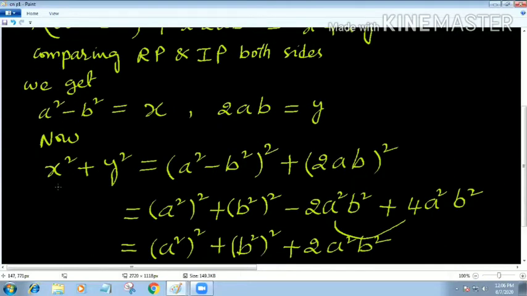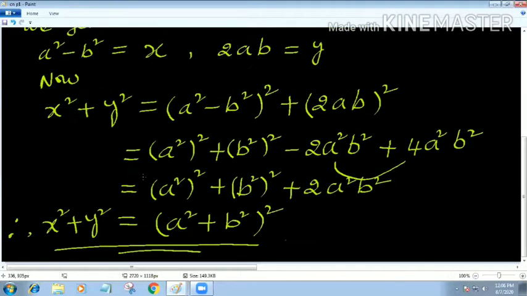Now we have to find the x square plus y square value. In place of x, a square minus b square, in place of y, 2ab, taking these x and y values and simplifying, we get the x square plus y square value as (a square plus b square) whole square. So this is the value.